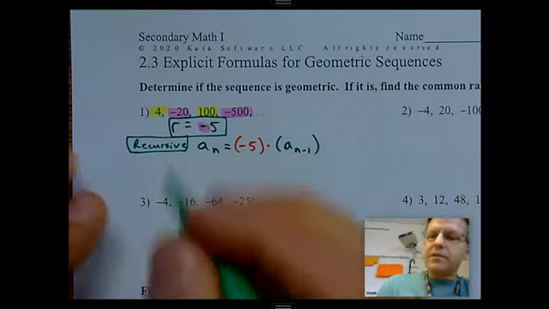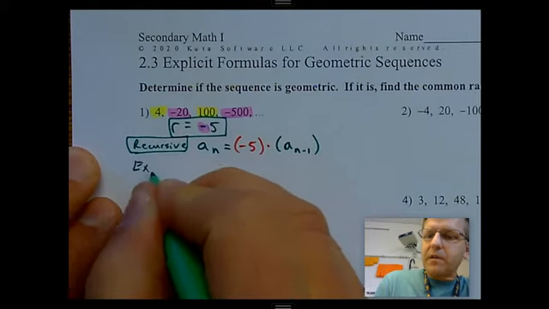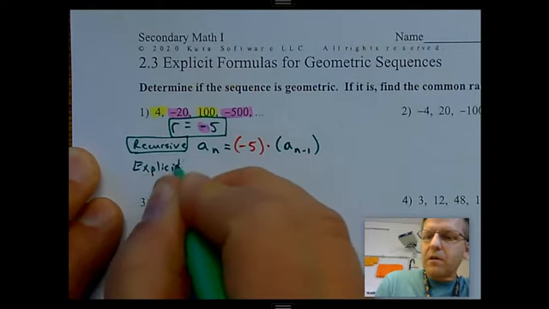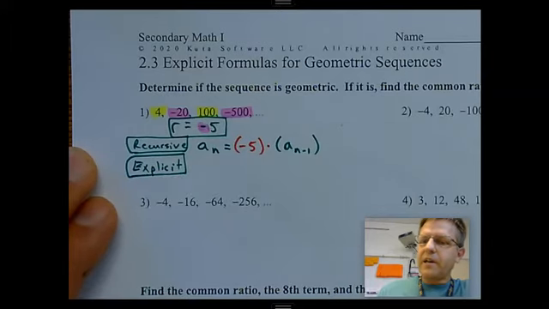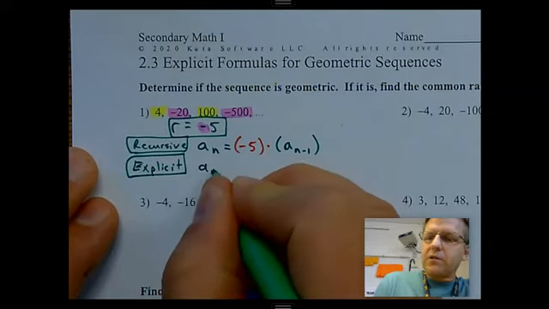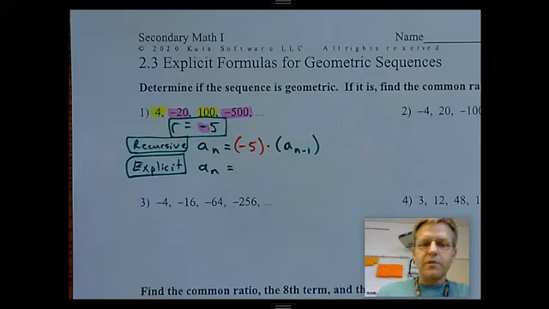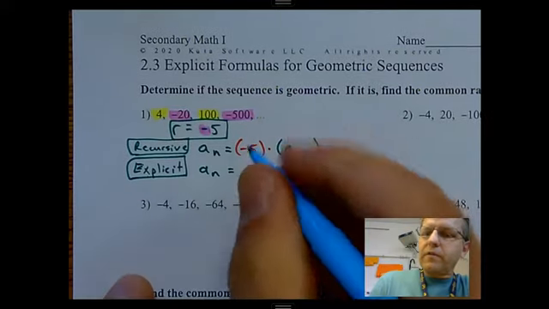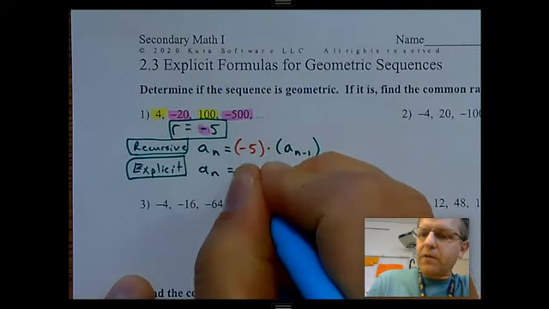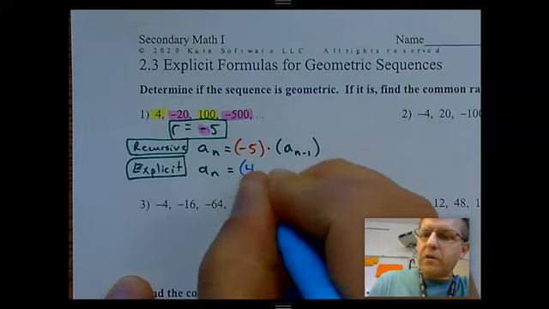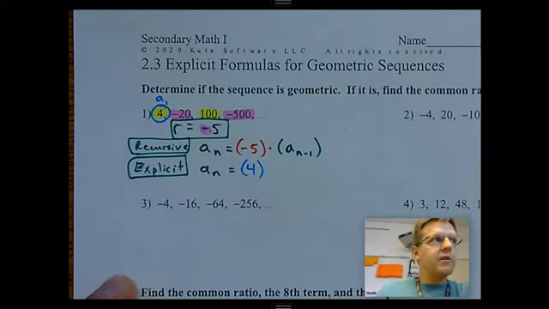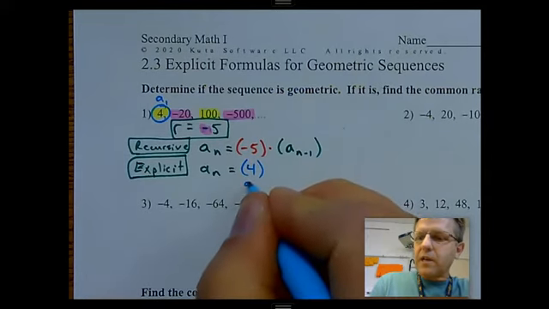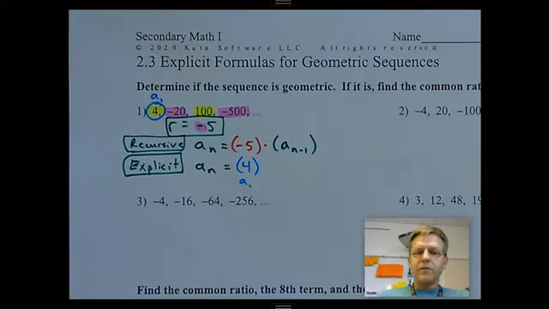Now, let's do the explicit formula. The explicit formula would let us find any particular term. So a sub n is equal to, now here we need the first term. The first term is 4. This is a sub 1, right? I'm trying to use colors to help you see. So you need the first term.